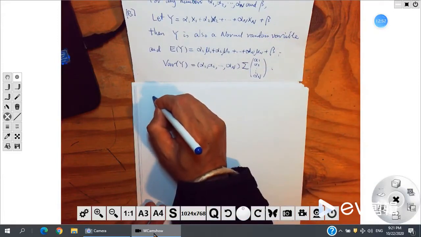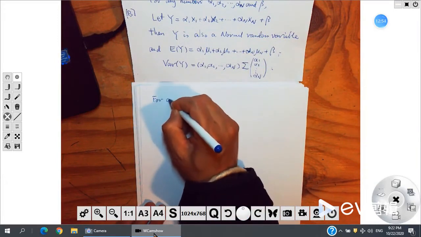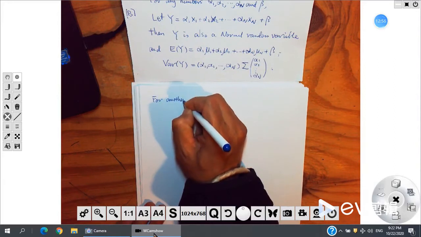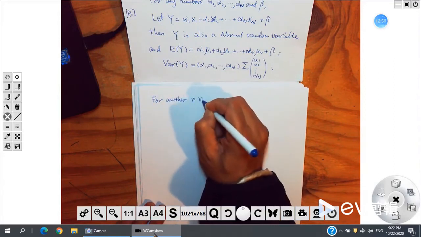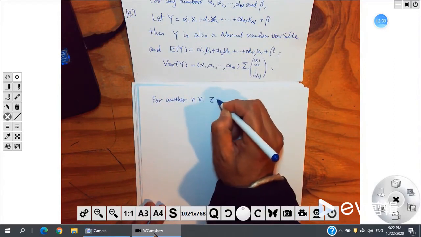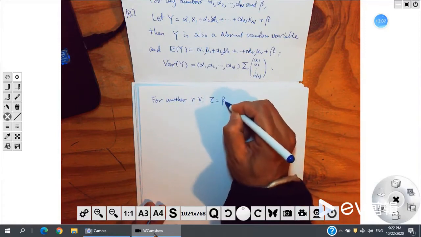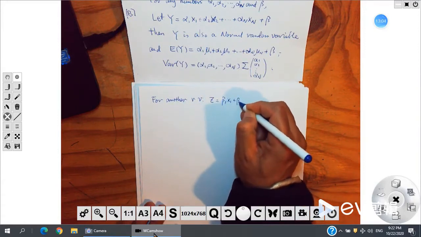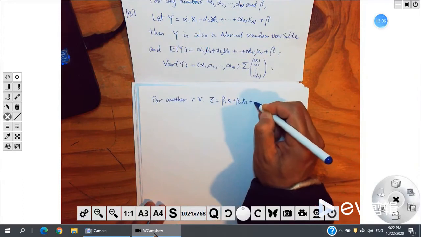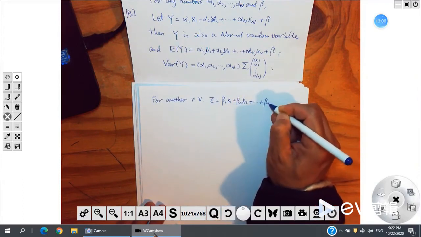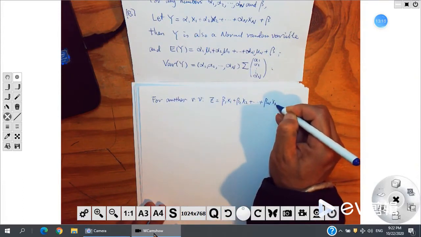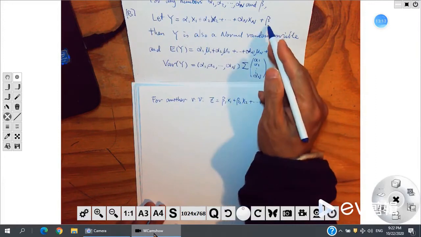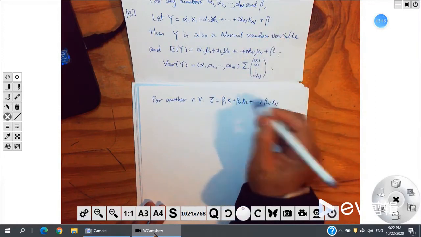For another random variable z equal to, now is beta 1 x1 plus beta 2 x2 plus beta n xn. I already used alpha beta. Okay, let me make a change.